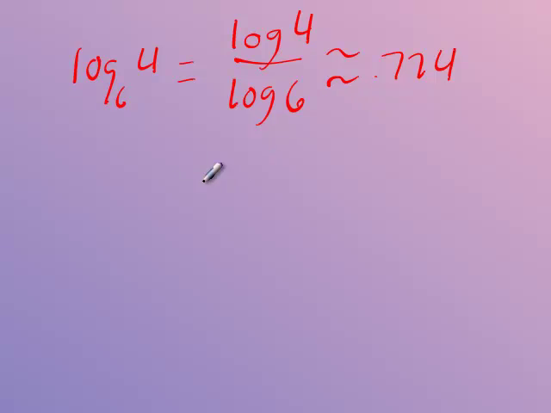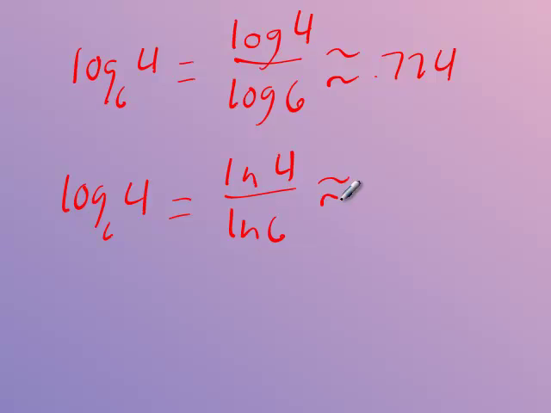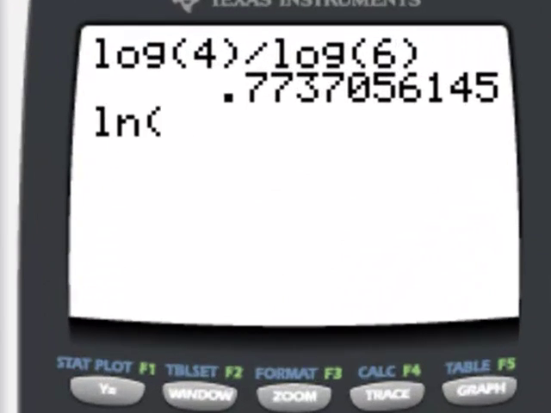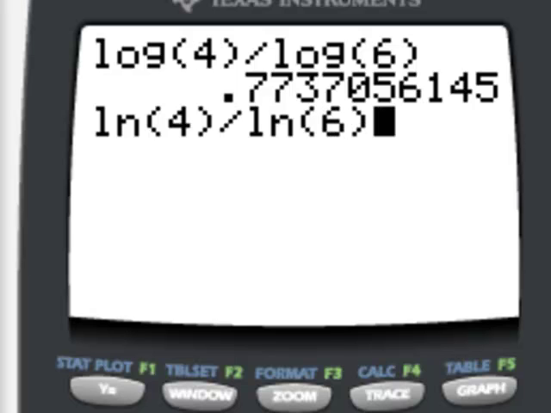0.774. Now let's try with a natural log. So I have log base 6 of 4. So I can write this as ln of 4 over ln of 6 is approximately equal to. So when I type that in, I'll do natural log of 4 divided by the natural log of 6, and I'll press enter.